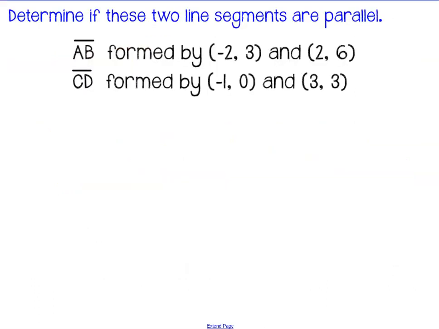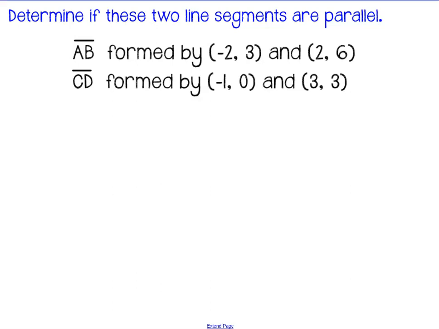Well, let's say you had a question like this. Now, I know at first glance you're probably starting to freak out a little bit, but this is pretty basic. AB with a little line over it means segment AB. And that segment is formed by passing through those two coordinate points. And segment CD is formed by passing through two different coordinate points.